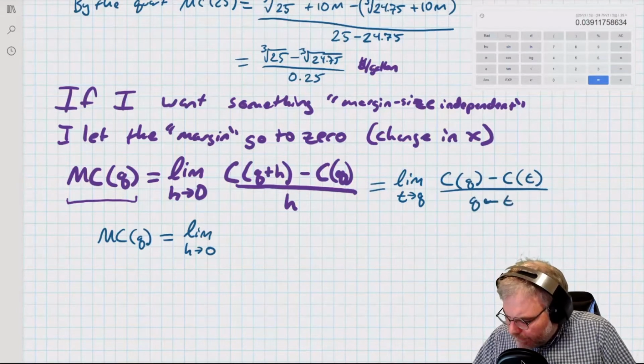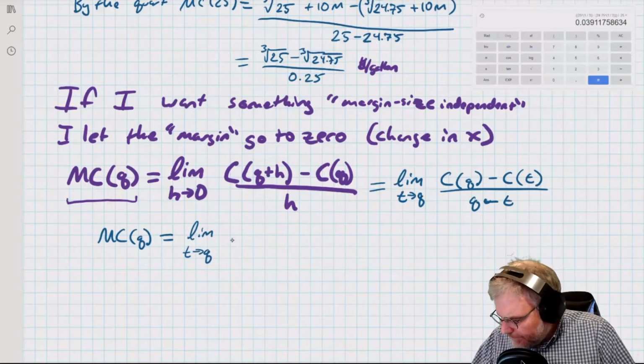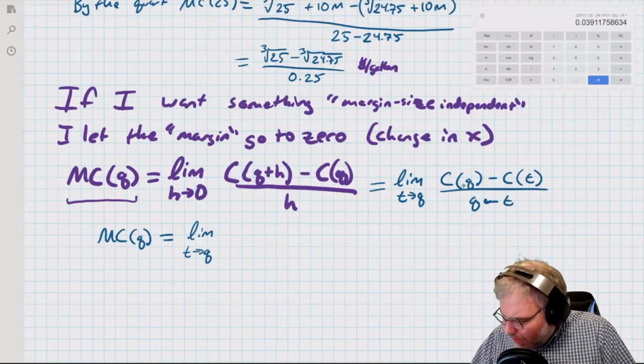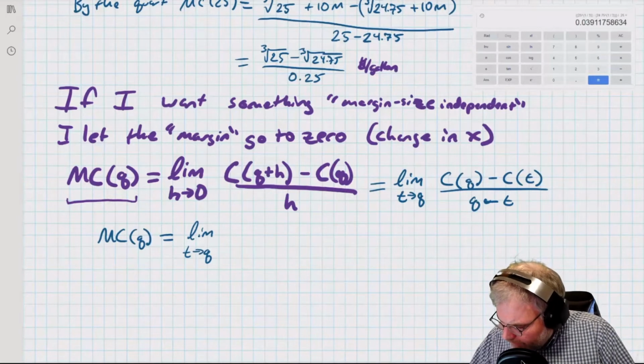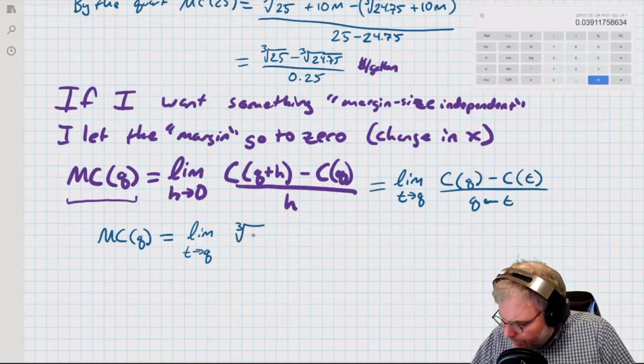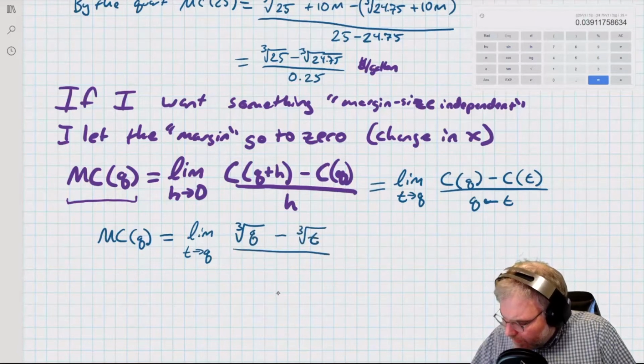So we'll do it this way first. So we'll have the limit as t goes to q, right? The second goes to the first. Now, the cost of q is the cube root of q minus the cost of t over q minus t.